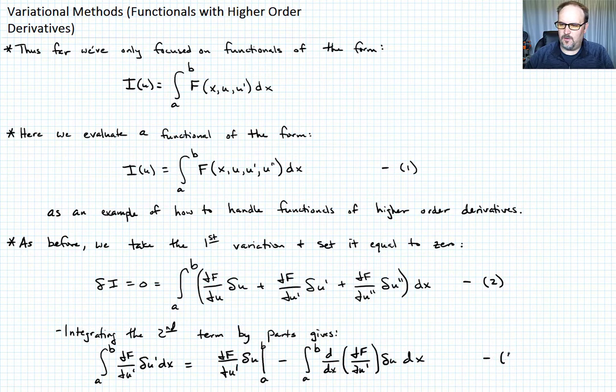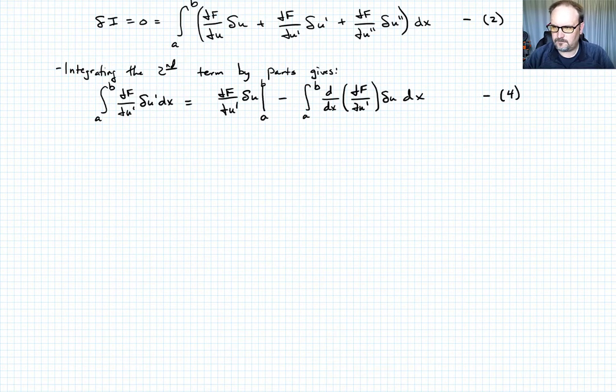We've already done that once before, so hopefully that's familiar to you. Let me make a correction: I need to make my numbers continuous, so let's call this equation 3.